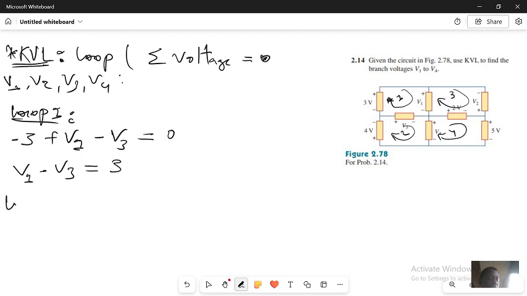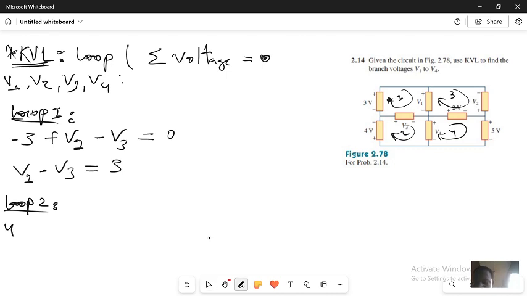Now I come to loop 2. If we come to loop 2 here, this arrow is coming in this positive. We say that it will follow this arrow. We take the sign of the first sign that this arrow is coming in the element. This arrow is coming in this positive, so I will have plus 4.